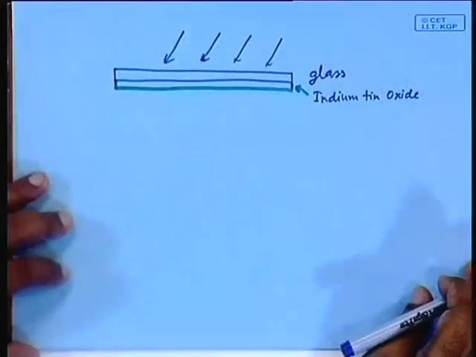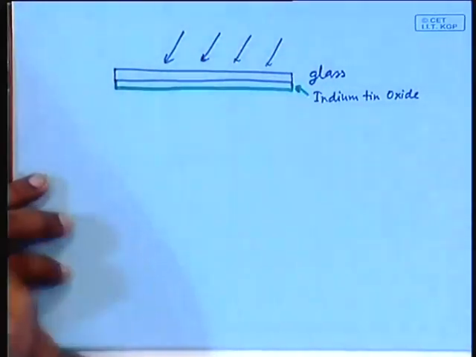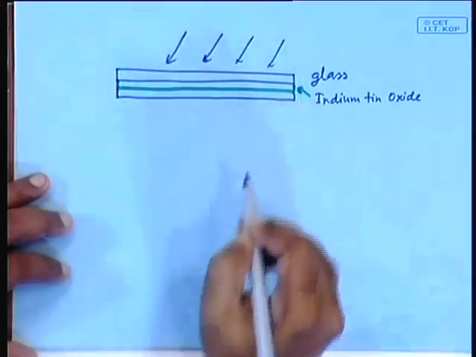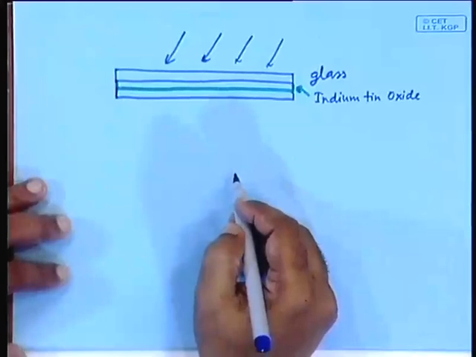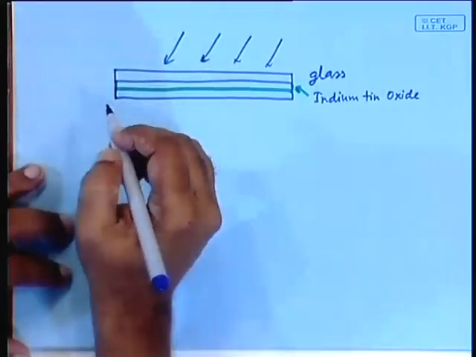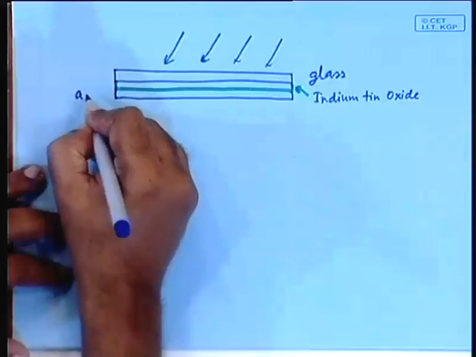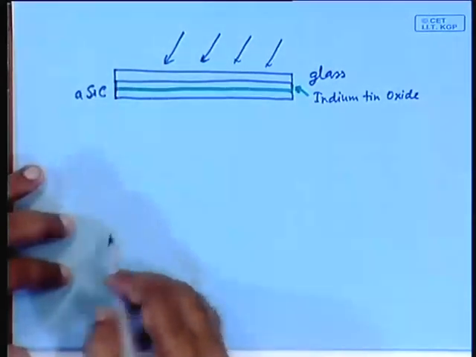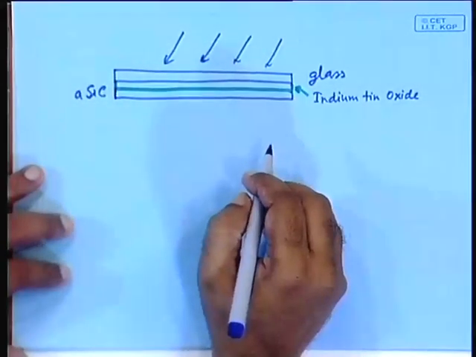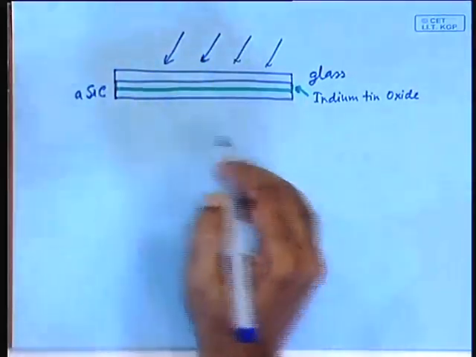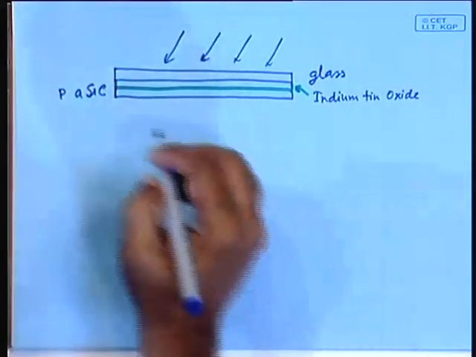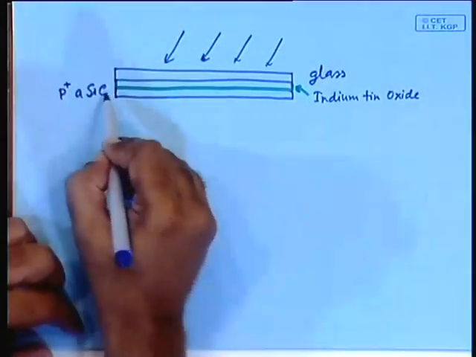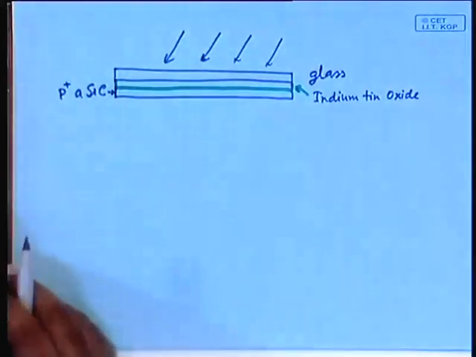Below that, you have a layer of amorphous silicon carbide, which acts as the P layer, not the N layer. So, it is P or maybe P plus I can write. So, here is the silicon carbide layer.